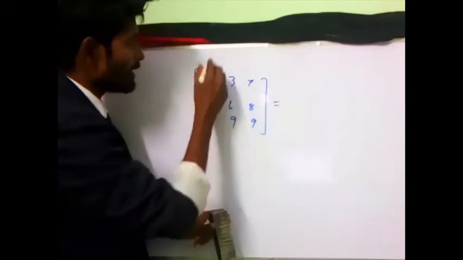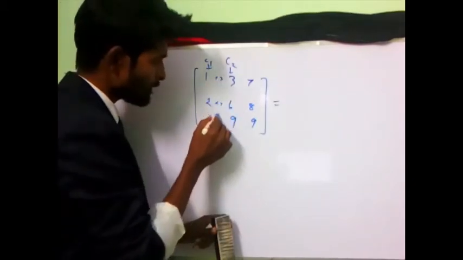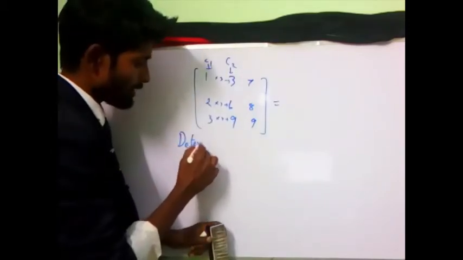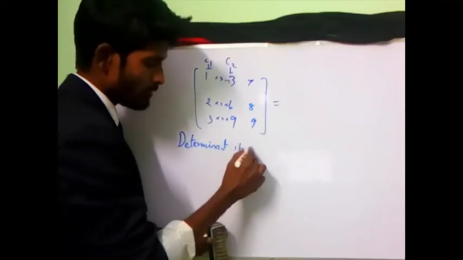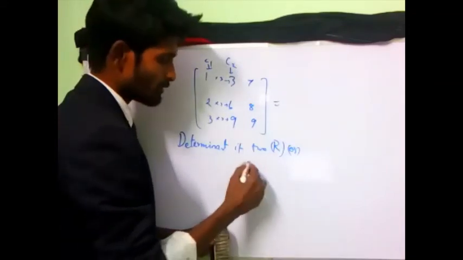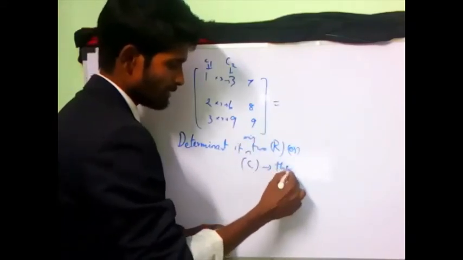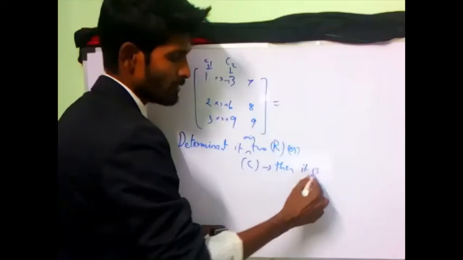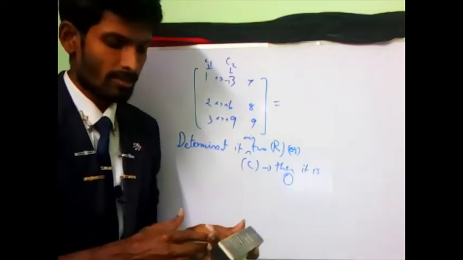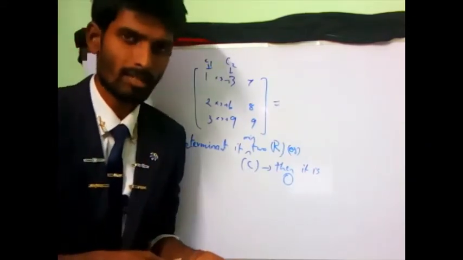If we multiply column 1 by 3, column 2 comes. So for a determinant, if any two rows or any two columns are identical or proportional, then the determinant value will be 0.